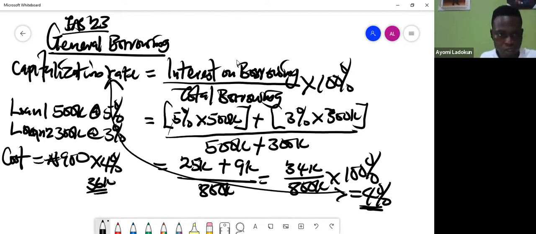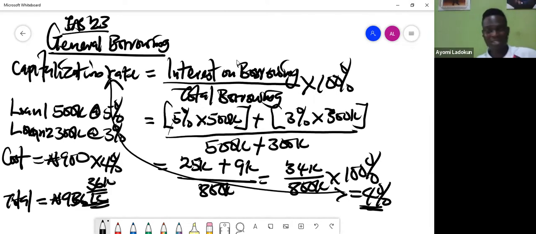So the total cost of the asset will now be 936K. That is general borrowing. Any question you see around that, that is what you are going to do.